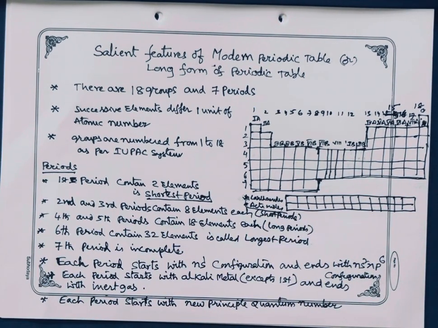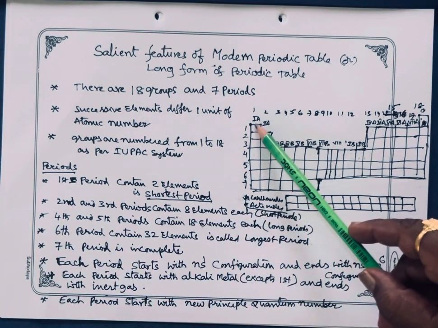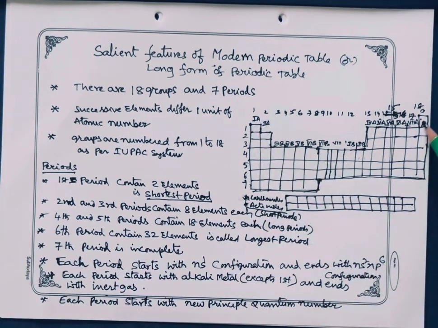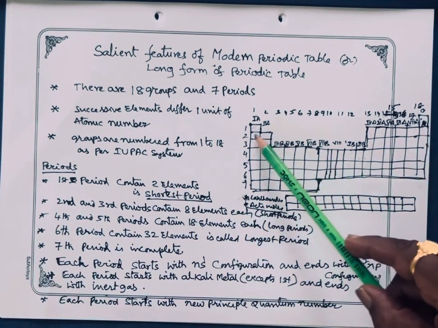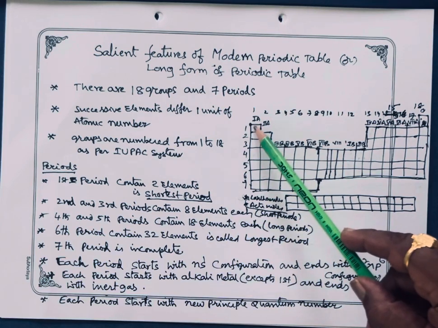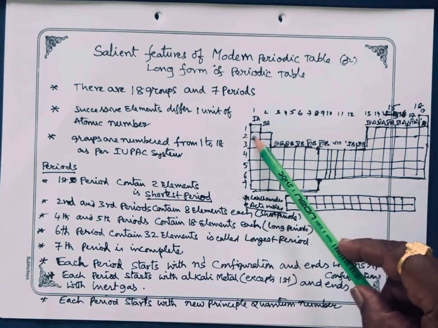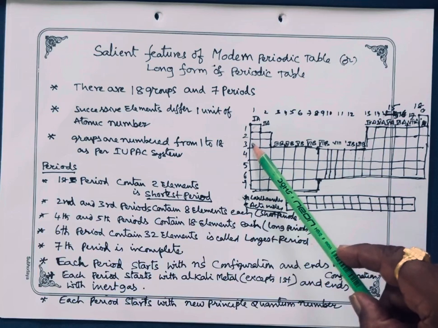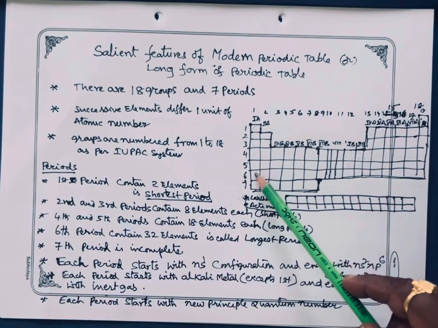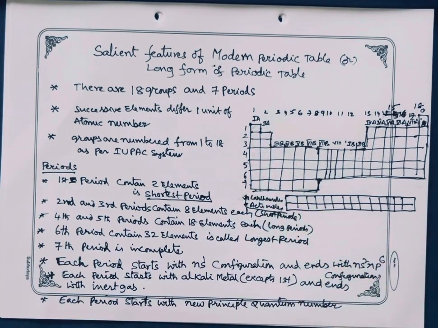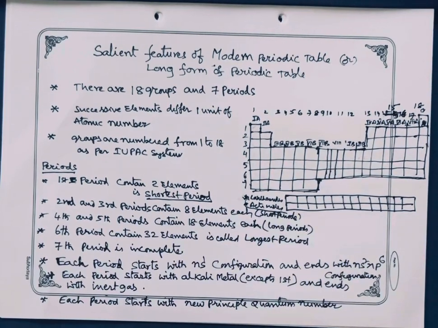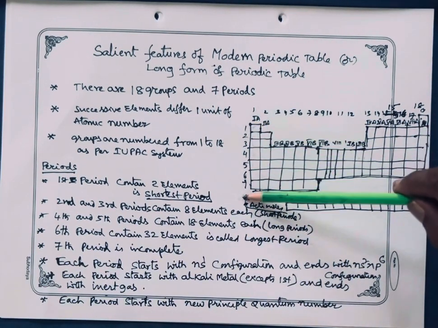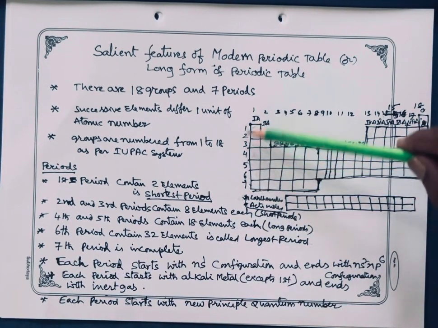Next, each period starts with the alkali metal and ends with the zero group. Every period, hydrogen, helium, similar like that. ns1: hydrogen 1s1, lithium 2s1, this one 3s1, 4s1, 5s1, 6s1, like that. So the period number indicates the principal quantum number, Bohr's quantum number, which will be known by seeing the period number.